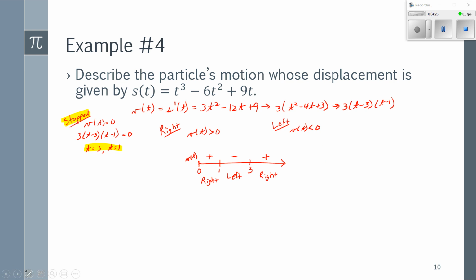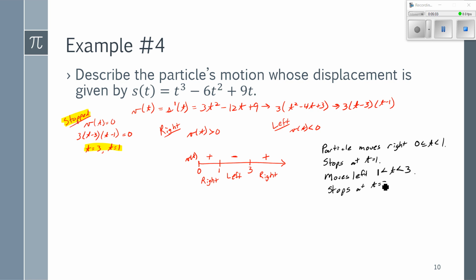So in words, what I would say is the particle moves right for the times from 0 up till 1, stops at t equals 1, moves left for t from 1 to 3, stops at t equals 3, and then moves right for t's greater than 3.